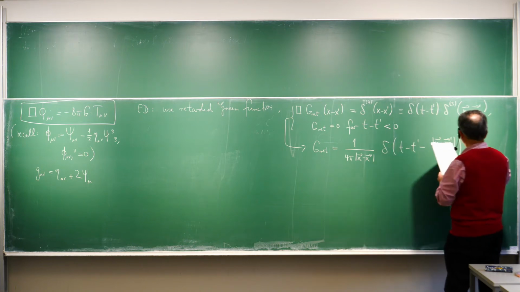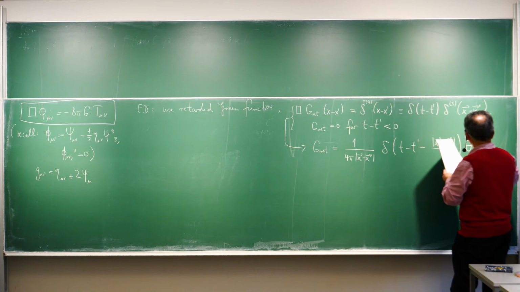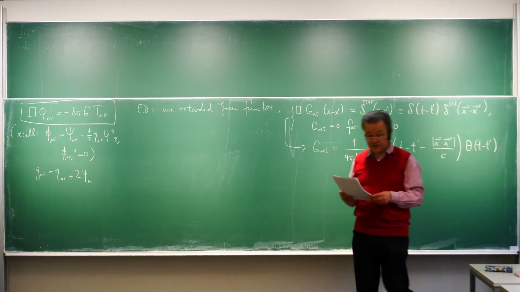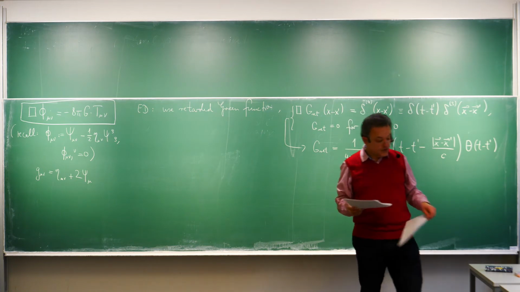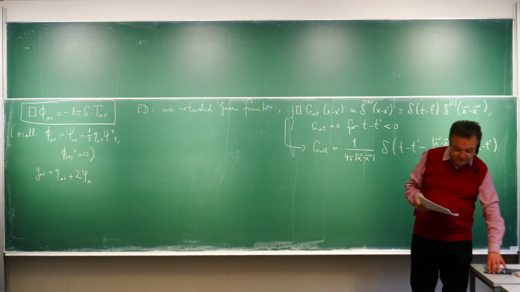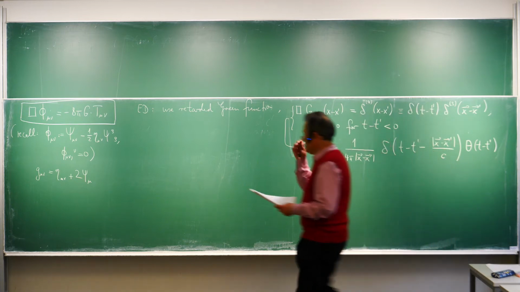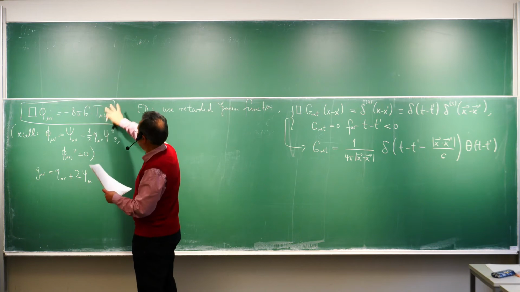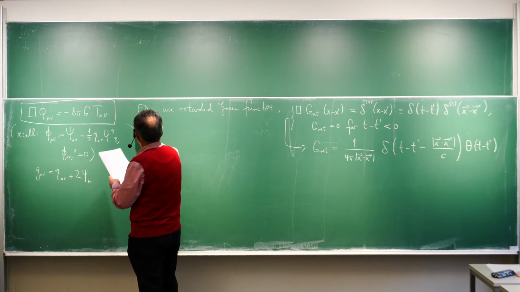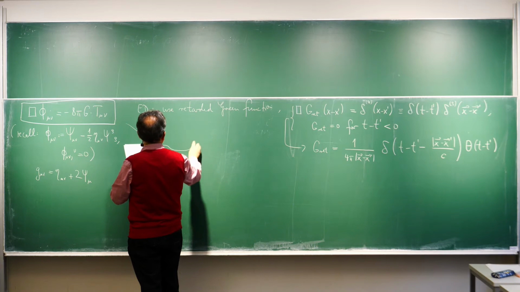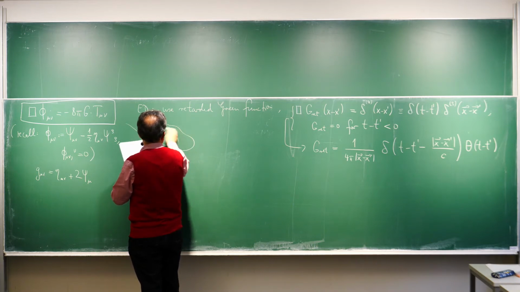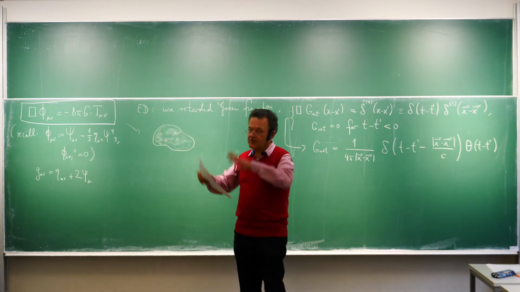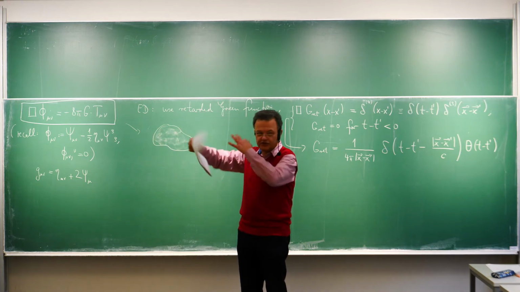And for the retarded, I have here the theta function, which is 1 for argument positive, but vanishes for argument negative. So the situation we have in mind is the following. I mean, now for gravity, no? And we want to do the similar thing here. So we have the following picture in mind. We have a source, a matter distribution, so this can be just one asymmetric body, but it can be many bodies, and typically is, that circle around each other.